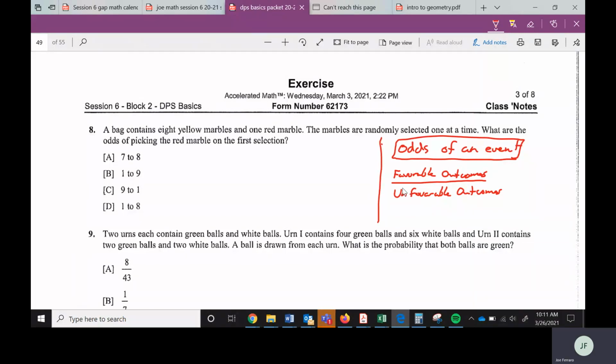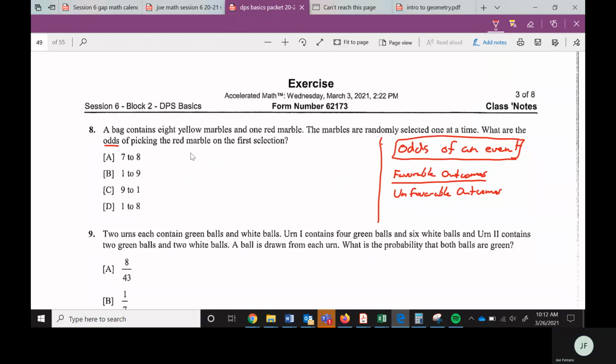Okay, so if we look at this problem, a bag contains 8 yellow marbles and 1 red marble. The marbles are randomly selected one at a time. What are the odds, so right there you know you're going to use this instead of the probability one, of picking a red marble on the first selection? Probability would be 1 out of 9 because there's 1 red out of 9 total.